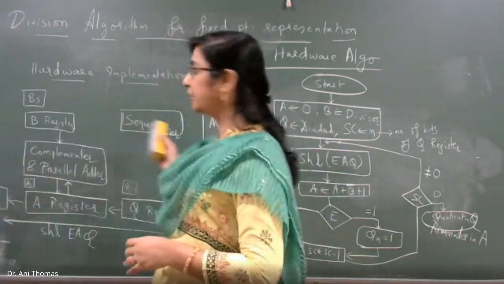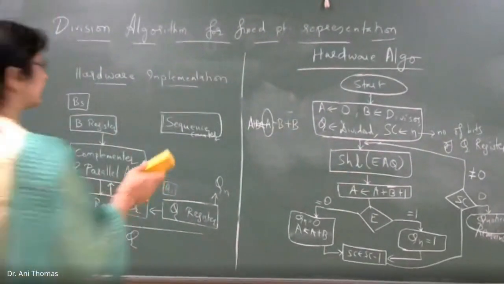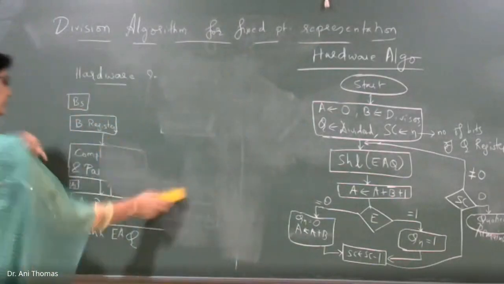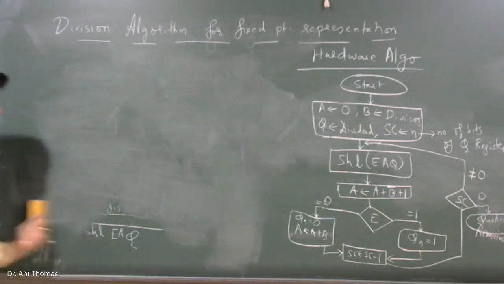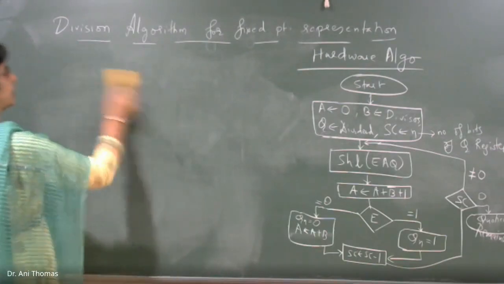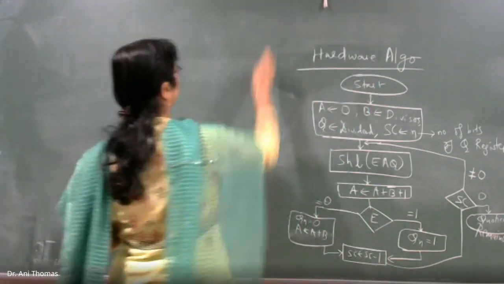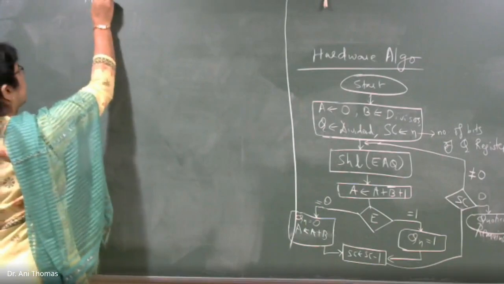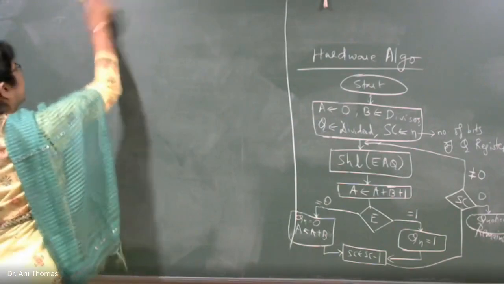Suppose we are taking two numbers for division as 7 and 3. If I am going to do 7 divided by 3, what should I get as quotient?